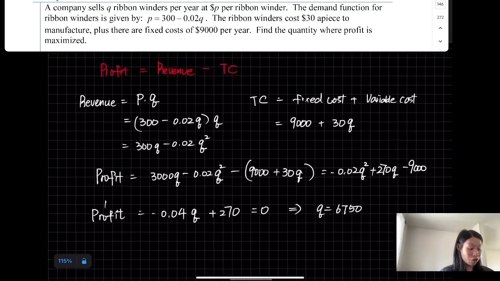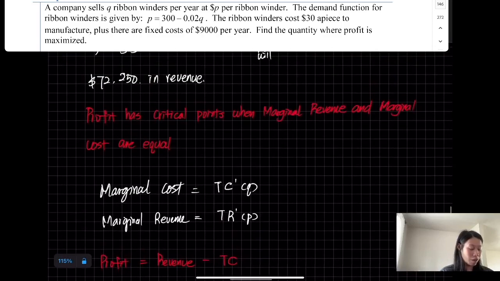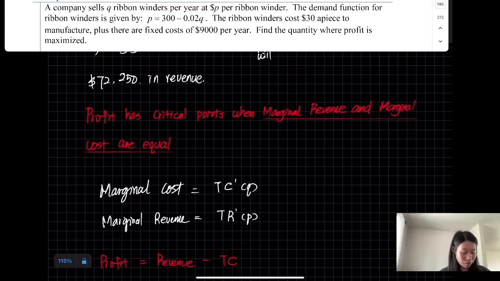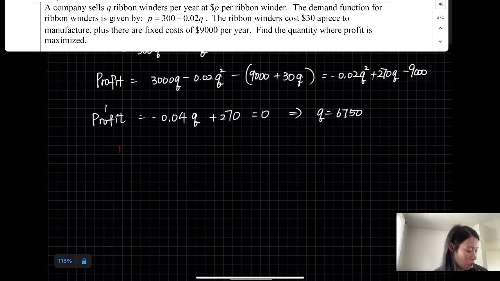So remember, we introduced a new concept here. The profit has its critical point when the marginal cost and the marginal revenue are equal. So if marginal revenue is equal to marginal cost, then we will have the critical points of the profit. How do we get our marginal cost and marginal revenue?